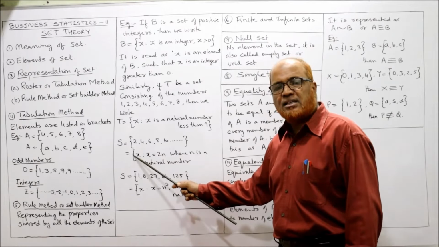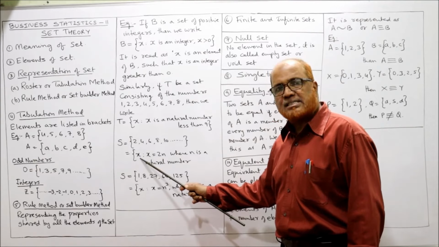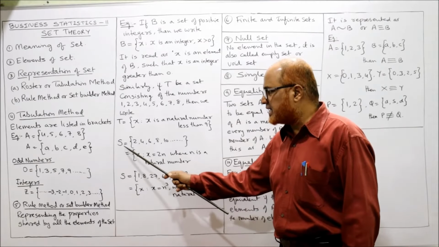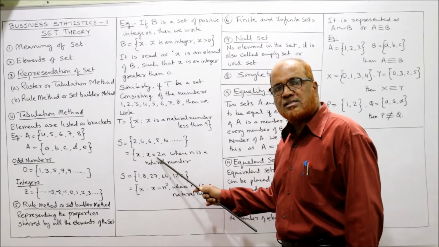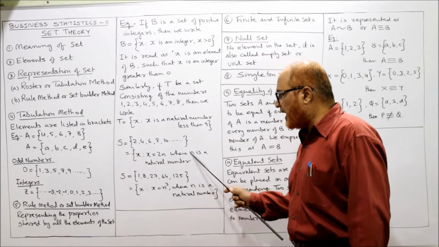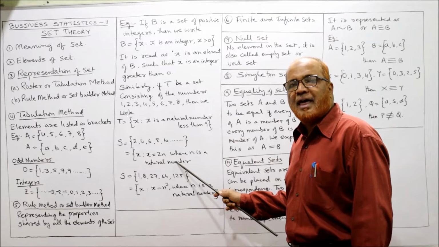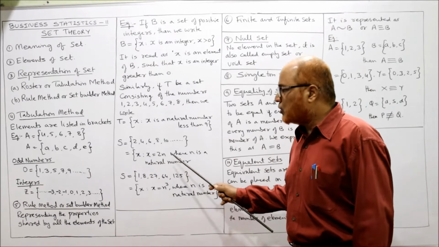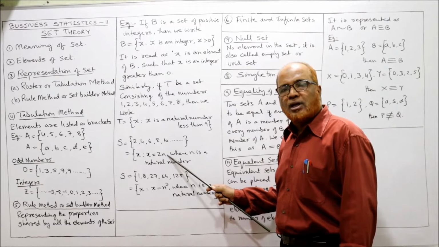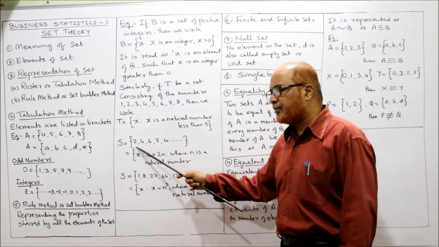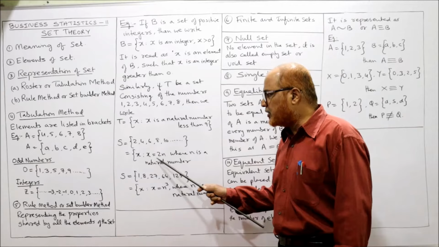So we can write this in set builder form. X is an element of the set S such that X is equal to 2n, where n is a natural number. Natural numbers are 1, 2, 3, 4. So in place of n, we can write 1, 2, 3, 4. If we take 1, 2 into 1 is 2. If we take 2, 2 into 2 is 4.